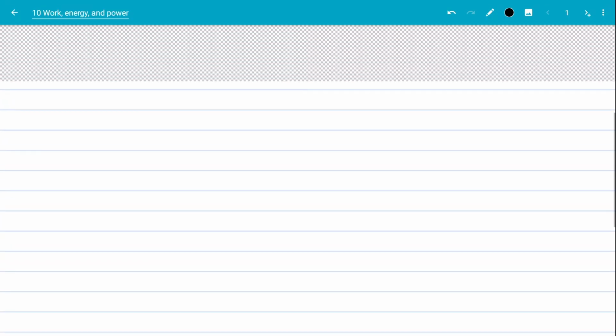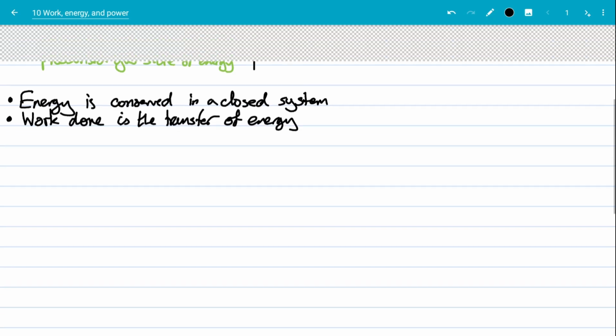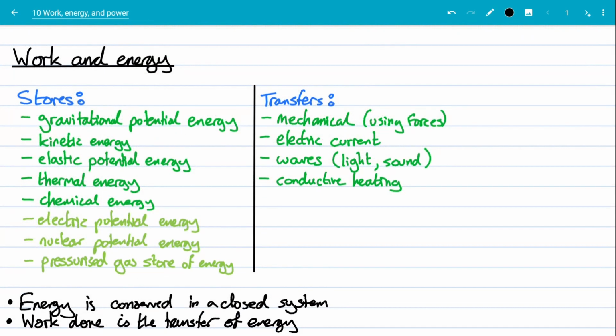So work done is what we call the transfer of energy from one store to another. Work done is the transfer of energy. So what we used to call transfers, we can now call work.